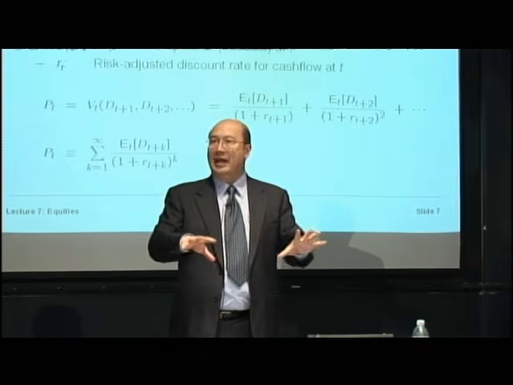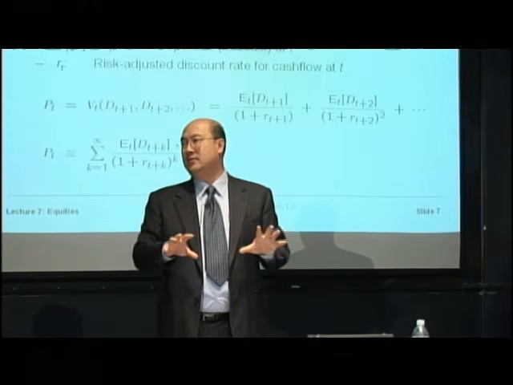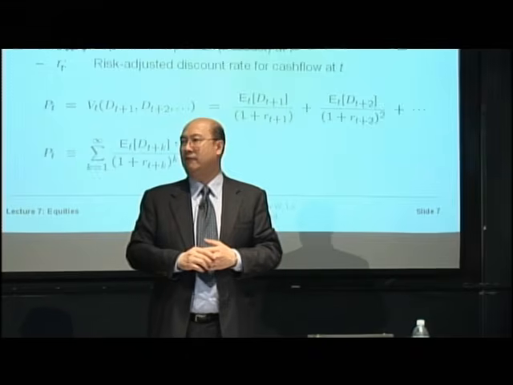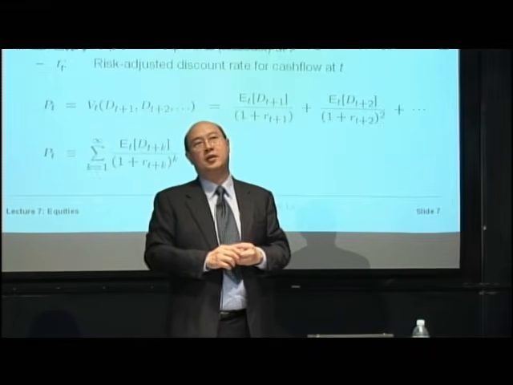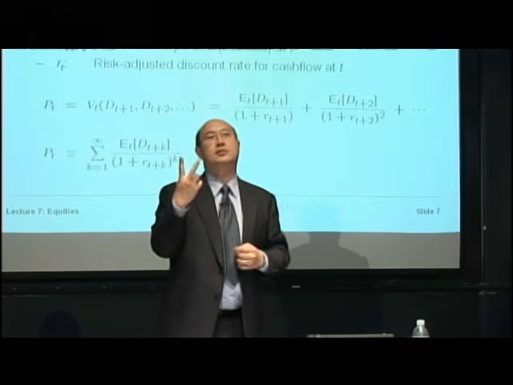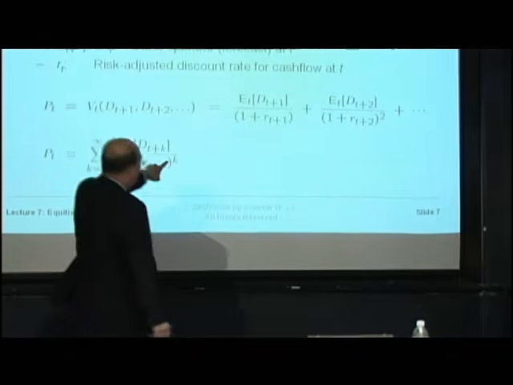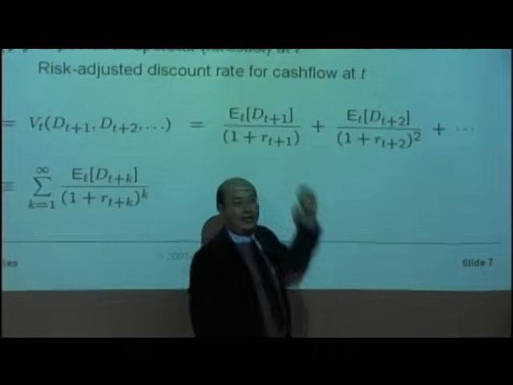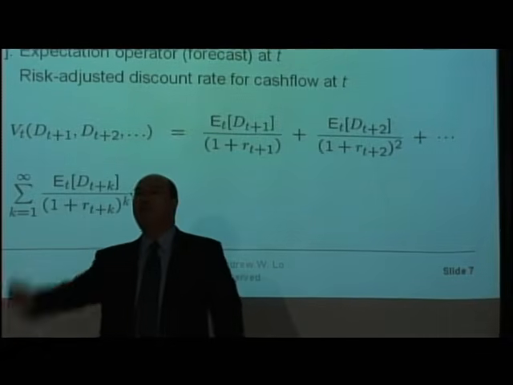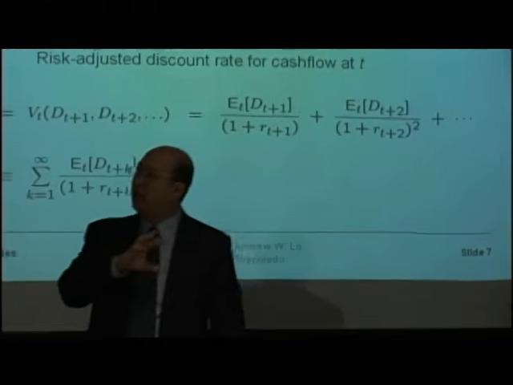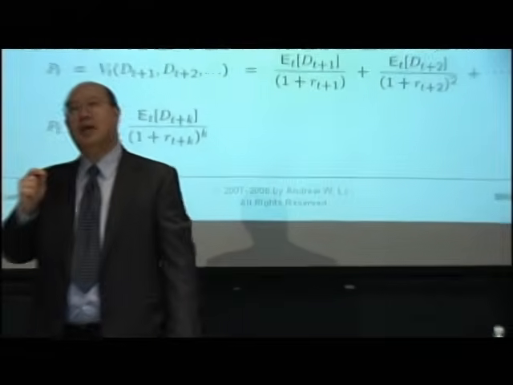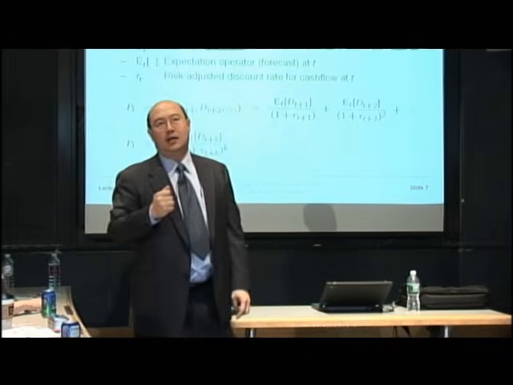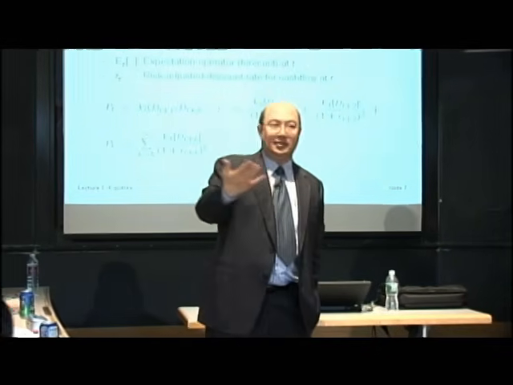I think you'll see now why I told you earlier equities is a lot more complicated than fixed income instruments. It's because there are two sources of uncertainty. One is the discount rate, and the other is the cash flows. And moreover, the discount rate that we're talking about is not the risk-free discount rate, but the risk-adjusted discount rate.